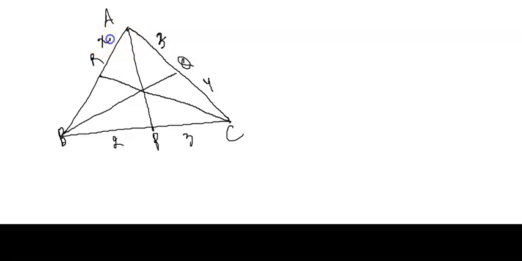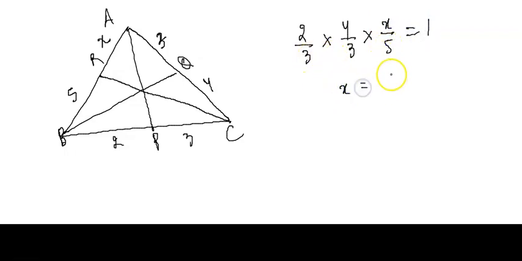We need to find this X. So according to this, 2 by 3 into 4 by 3 into X by 5 should be equal to 1. So we can say that X will be equal to 45 by 8.